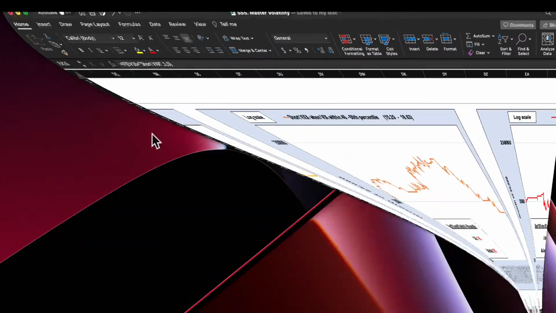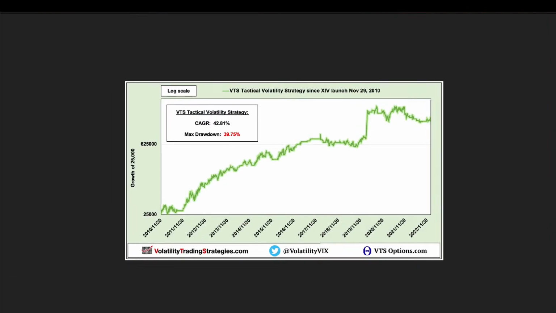I mentioned that in the last year I have moved away from the pure trend following strategy that worked so well for me for 10 years. I removed it from the portfolio right at the end of 2021, and I'm basically trying to replace it with things that I think are a little bit more neutral.